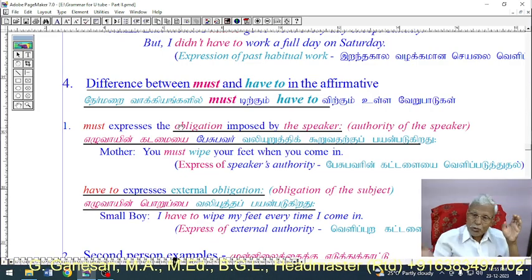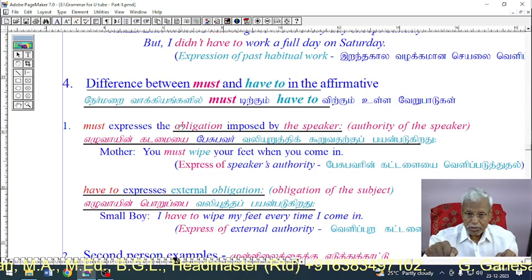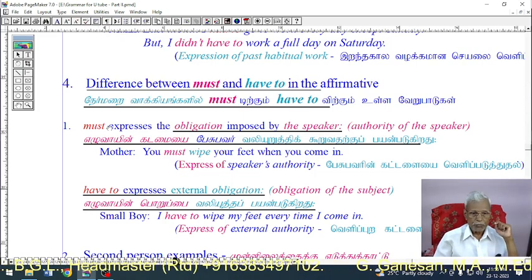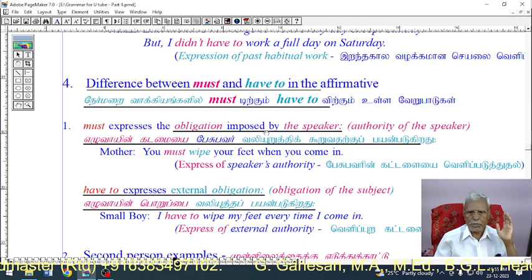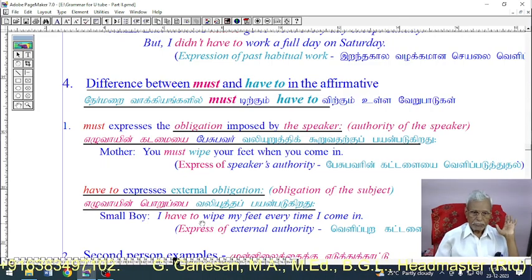But have to expresses the obligation of the subject.